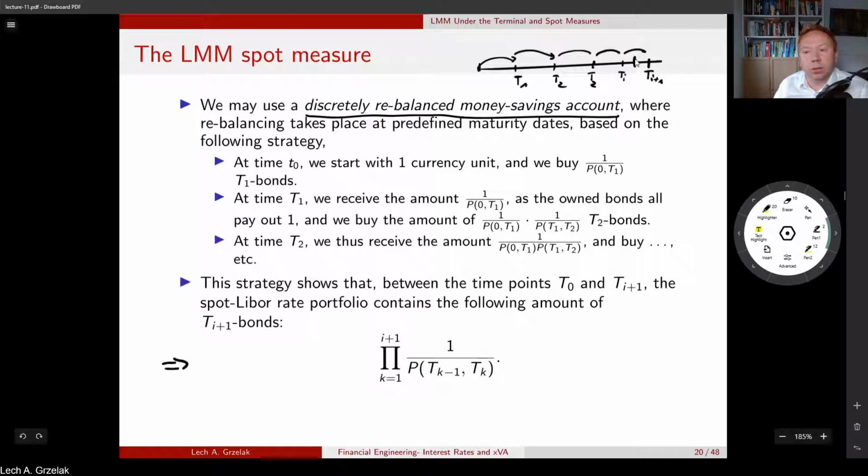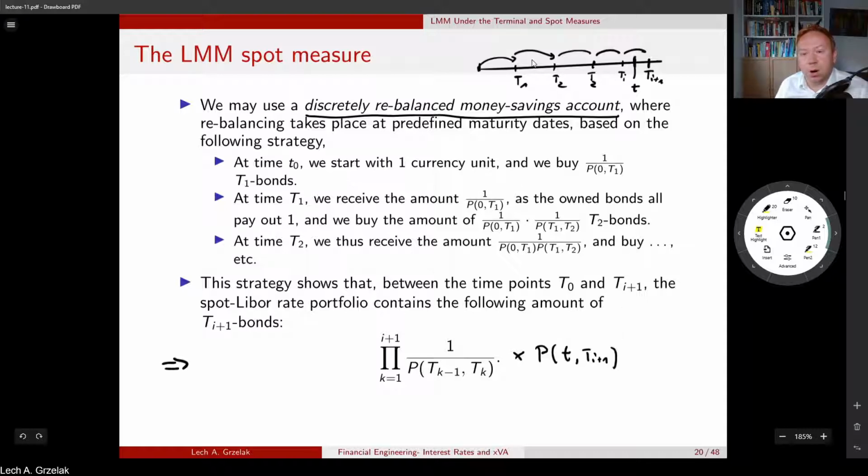If we are at a point, which would be our time t, and we would like to see how much money we have gained not until the grid point but at a point in between, we can multiply this amount with a zero coupon bond. This would be the amount that we have to multiply with P(t, t_{i+1}).